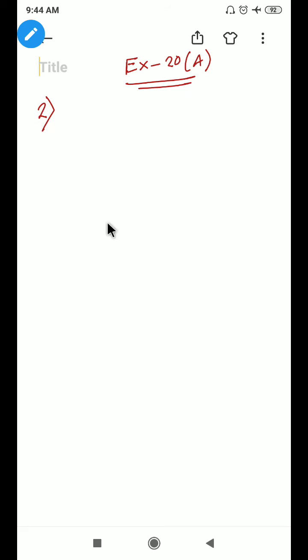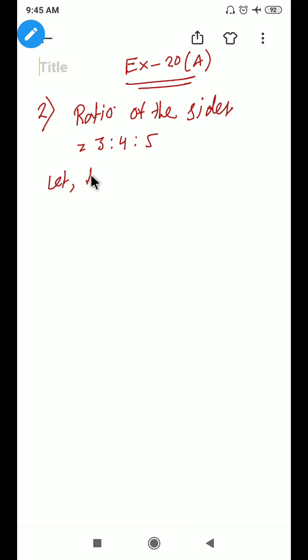Find the area of the triangle whose perimeter is 144 cm. So the ratio of the sides is 3:4:5.